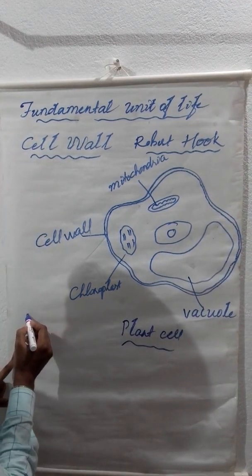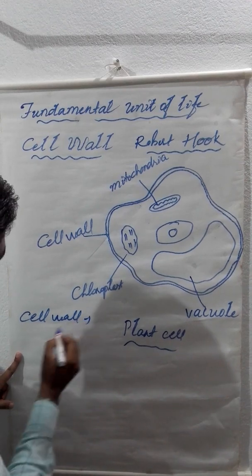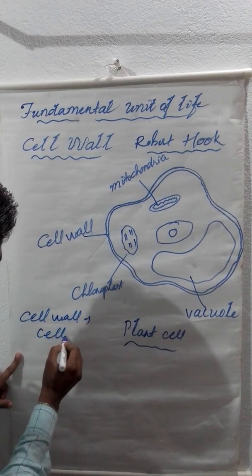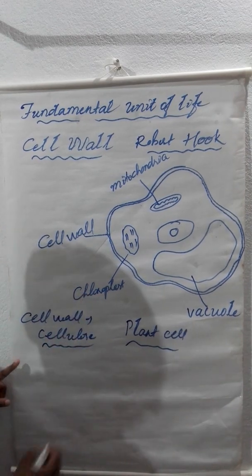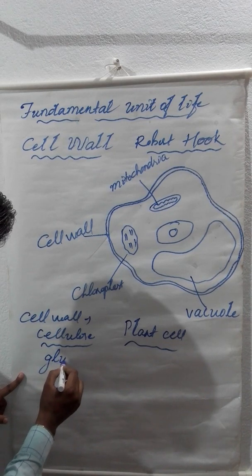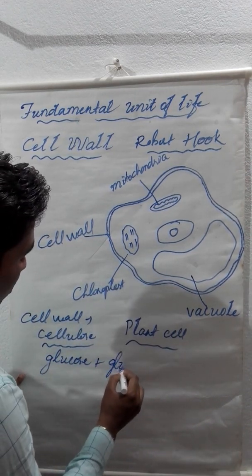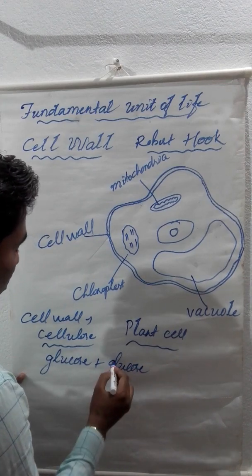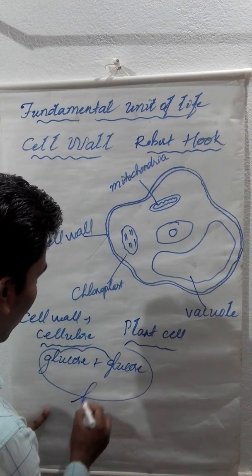The cell wall is composed of cellulose. It means the combination of so many glucose molecules, which means it is a polymer.